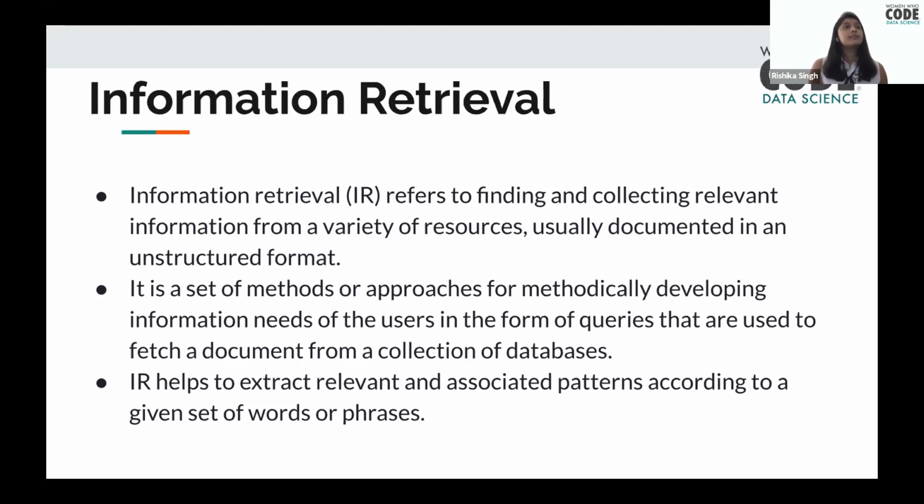And lastly, in the fourth step, the results are usually listed in order of relevancy, that is by the level of similarity between the document and the descriptions of the query. So IR helps to extract relevant and associated patterns according to a given set of words or phrases.